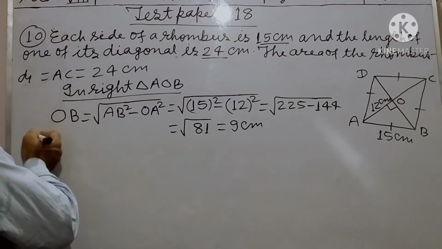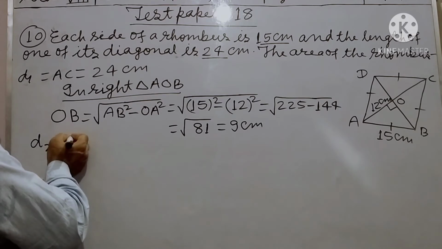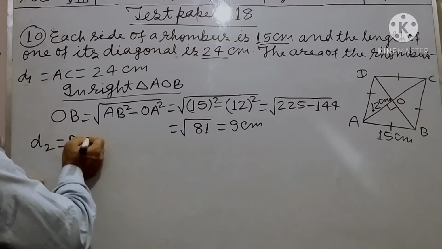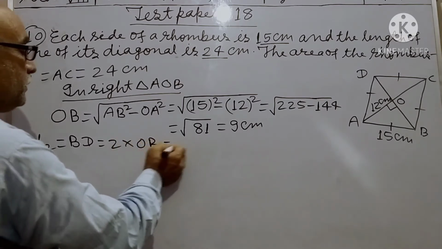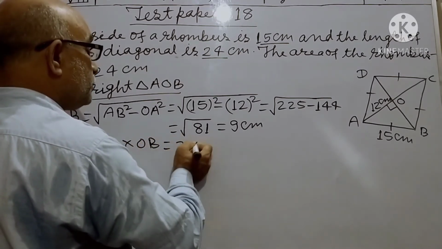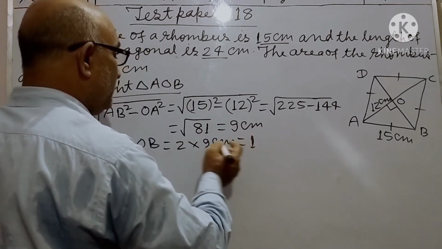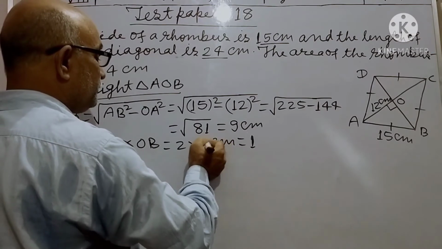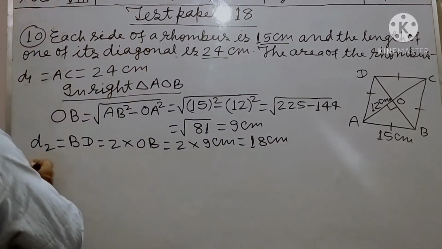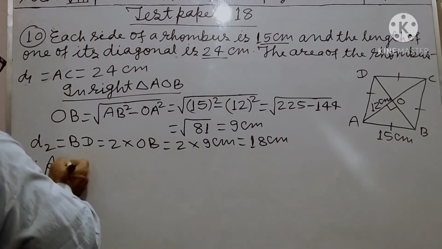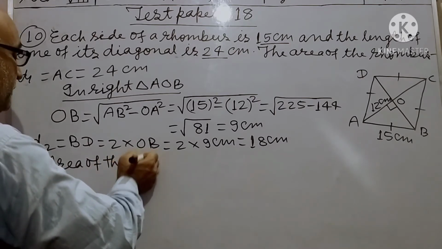So diagonal D2 equal to BD. BD equal to 2 into OB. So 2 into 9 cm equal to 18 cm. So area of the rhombus.